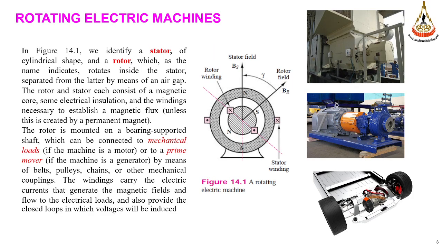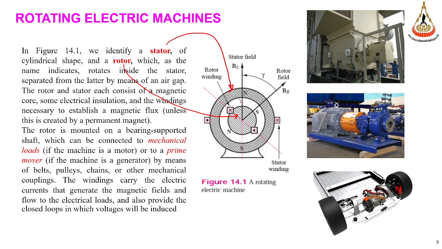The rotating machine usually has two parts, and we use a magnetic field to induce force in another part, right? Or to induce electricity in another part as well. The stationary part we call the stator, the non-moving part, and the rotating part we usually call the rotor.